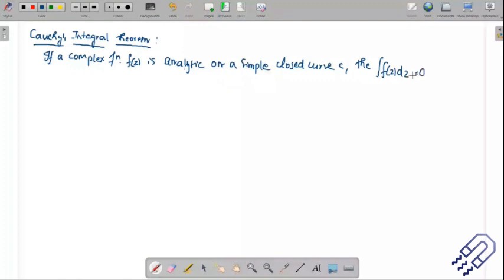Okay, so in that closed curve the integration is basically going to be 0.